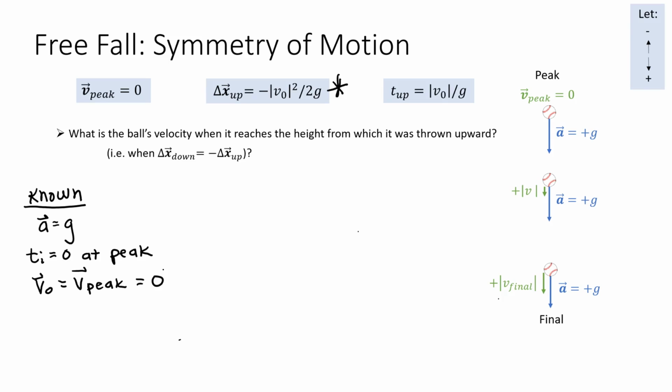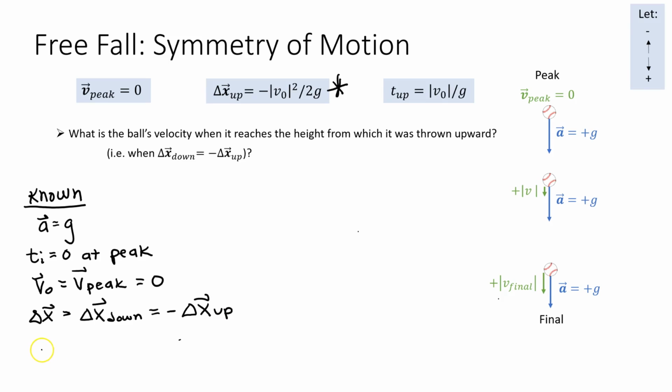Oh, sorry, no, we have one last known quantity, which is the displacement. So we want to know here this displacement, delta x, is equal to, we called it delta x down, which we're told is equal to minus the displacement upwards. So in other words, this is just telling us that the ball is falling from the peak back down into my hand. Okay. So that's all of our known quantities.